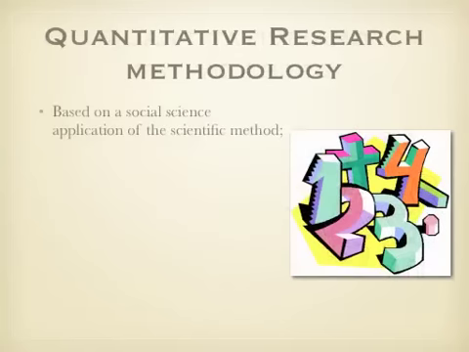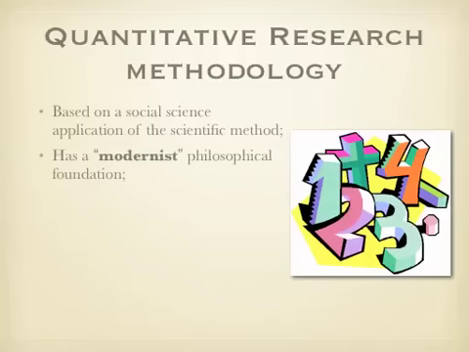A little more about quantitative research methodology. Basically, it's the approach of scientific method to the social sciences. Same methods that you would use in a lab, we're going to be using in the lab of personal experience. It has somewhat of a modernistic philosophical foundation.